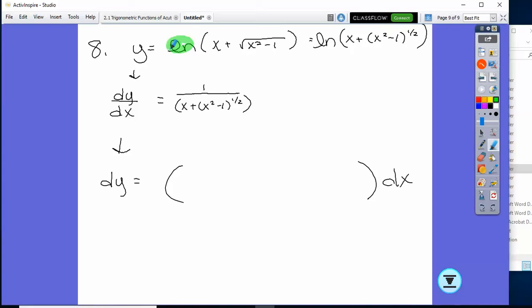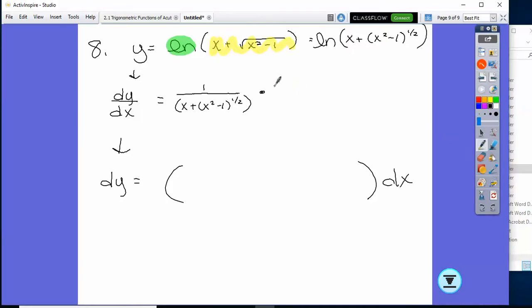So that's the derivative of the natural log piece, but we have to do the chain rule. So times derivative of the inside.